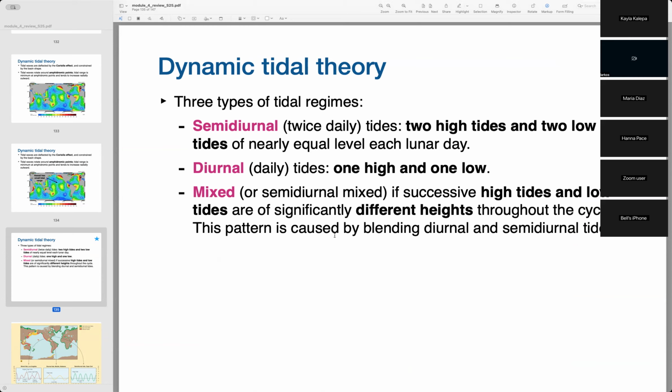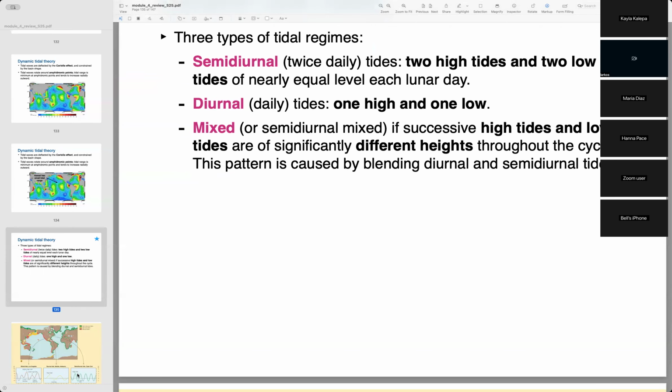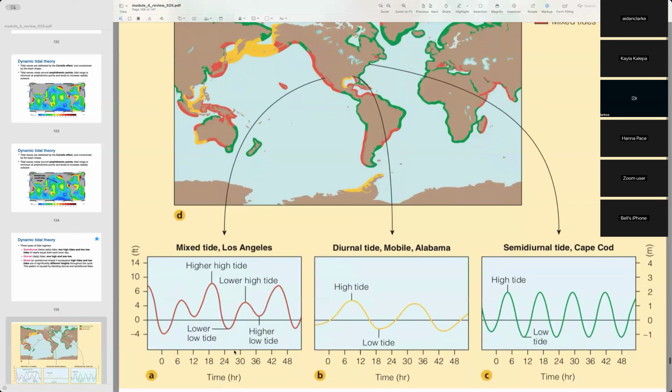And then there are areas where we have mixed tides, where we have, again, two high tides and two low tides, but they have very different amplitudes. So we have a high and a low high, and a low low and a high low in terms of their tidal ranges.